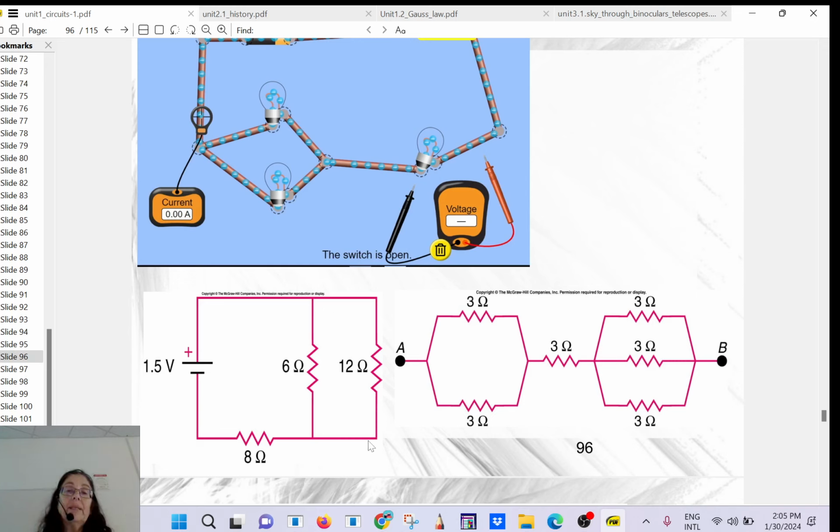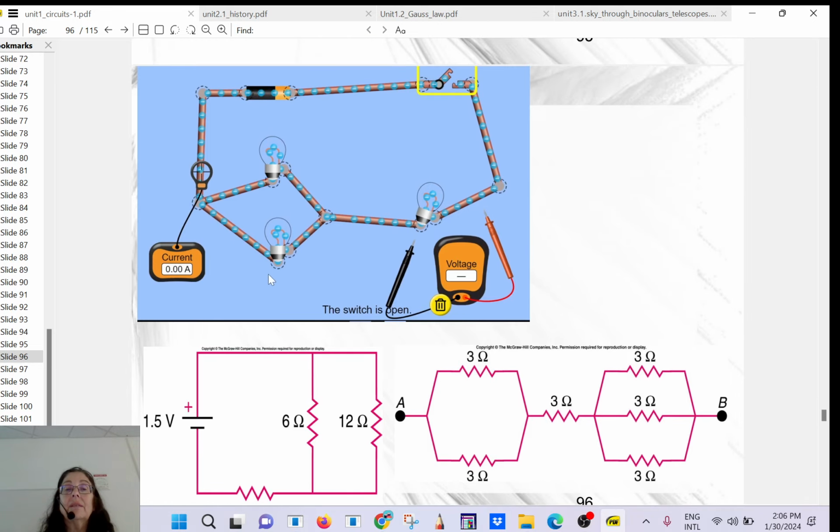This little piece here is a parallel circuit because you have two branches. Then it combines again, and you have another resistor here, coming back to the power supply. So you have one component here and another component here. This component is in series with that one, but those two are in parallel.